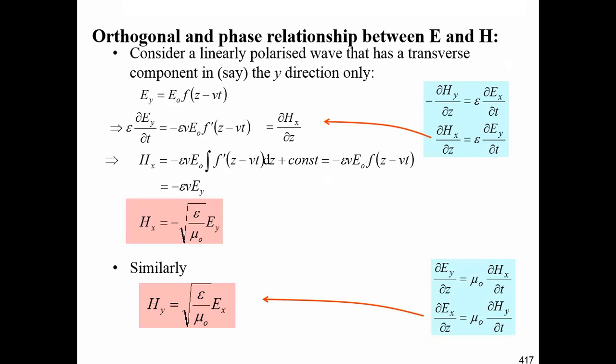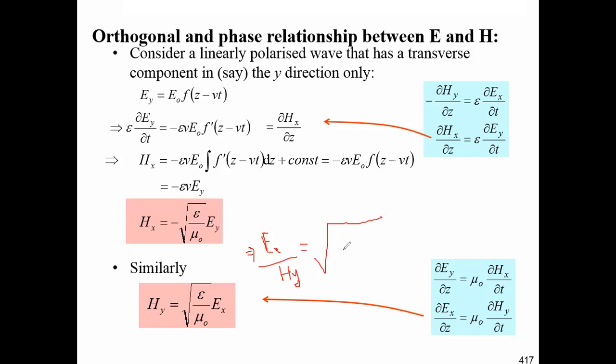Now see the important relation. What is the relation between amplitude of electric field and magnetic field? Here you see a relation. Hy is equal to under root epsilon upon mu naught. So if I ask you what is Ex upon Hy? Root of mu naught by epsilon.